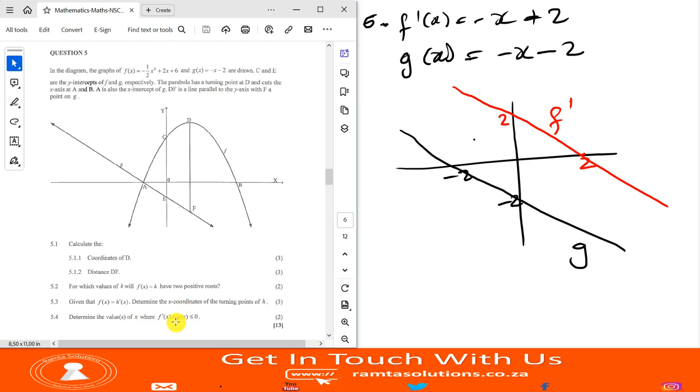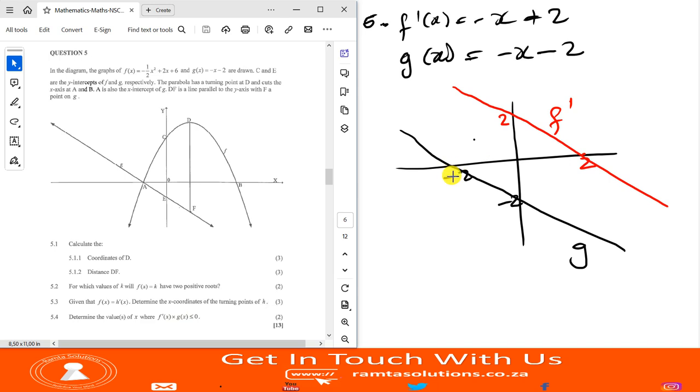f prime x times g of x must be less than or equal to 0. So here we are looking for one to be positive and the other negative, or one or both should be 0. Let's start with x equals minus 2.